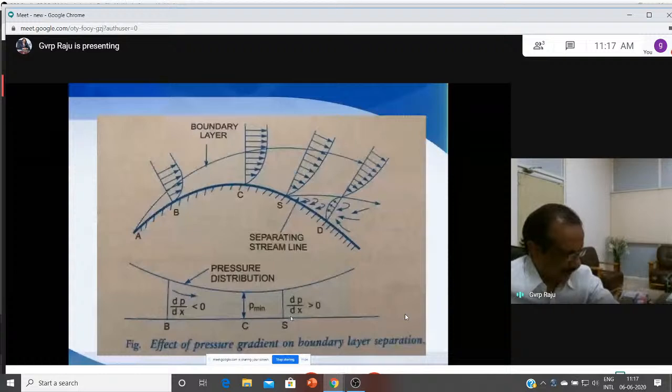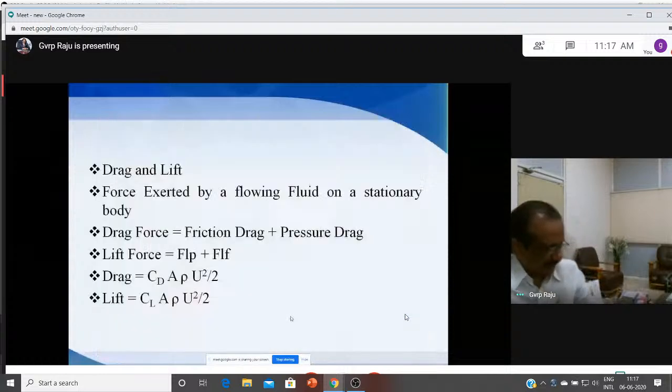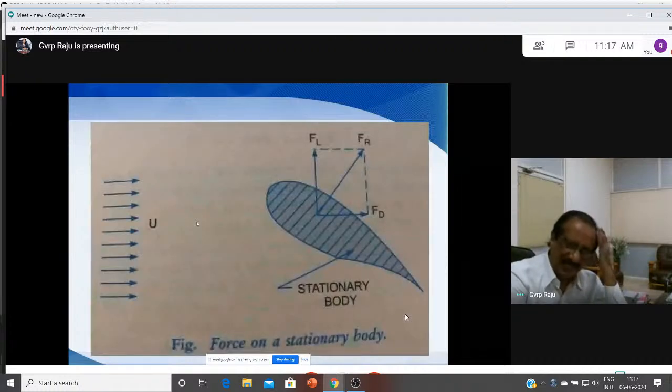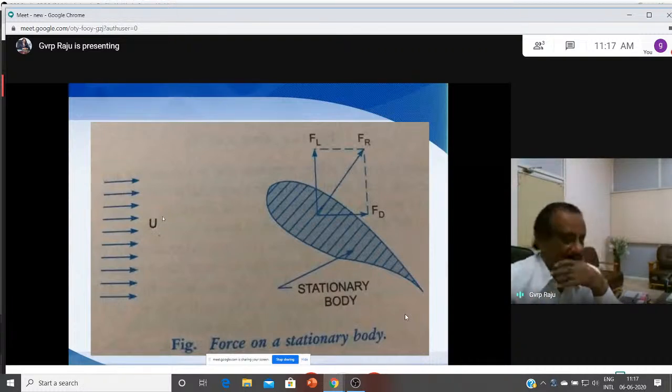Now the other case is drag and lift. When the fluid is flowing over a solid body, take this sketch here. Consider the flow here again, flow of real fluid. The entire chapter is about the flow of real fluid.